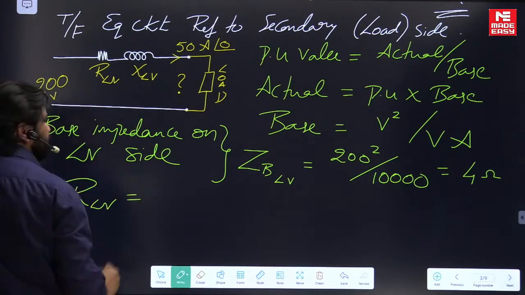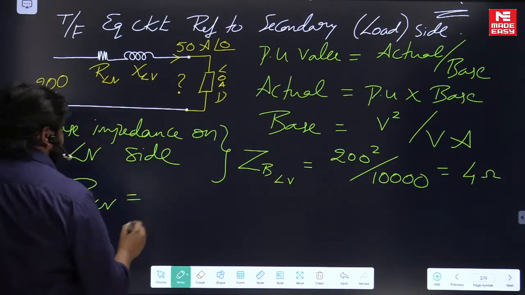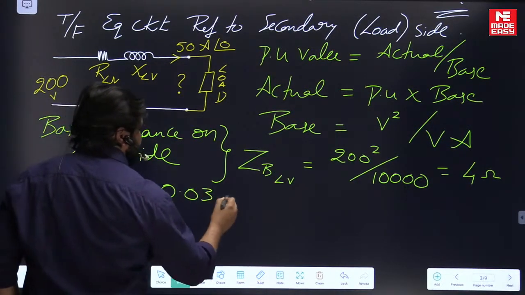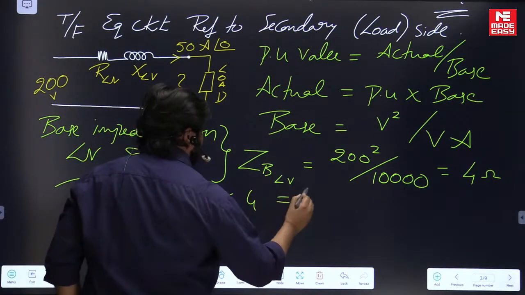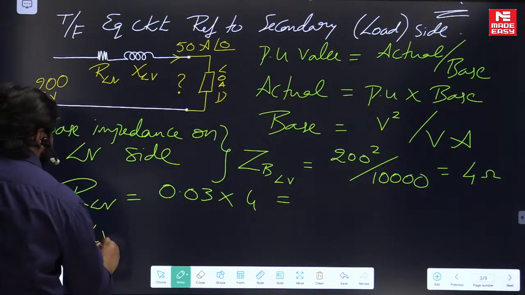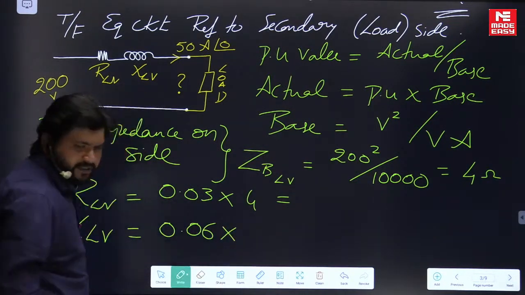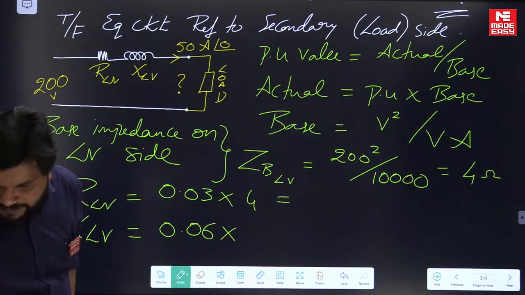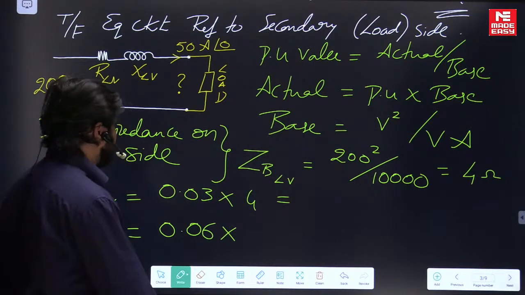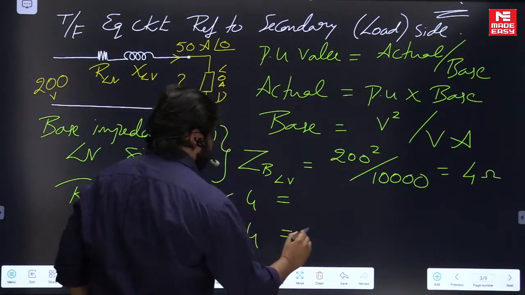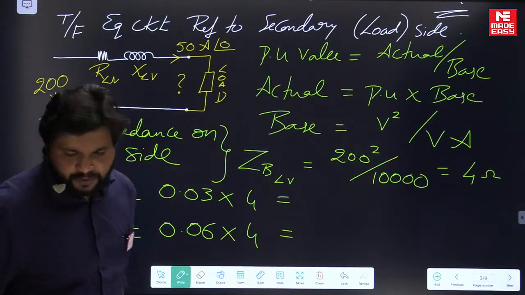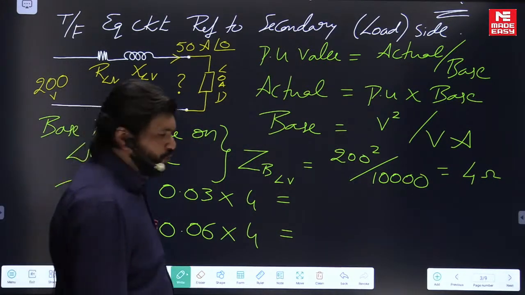Percentage by 100. RLV value is 3%, right? 0.03 into 4. XLV is 0.06, 6%, I think, right? Yes, 6% into 4 base value. So the value is 0.12 and 0.24.